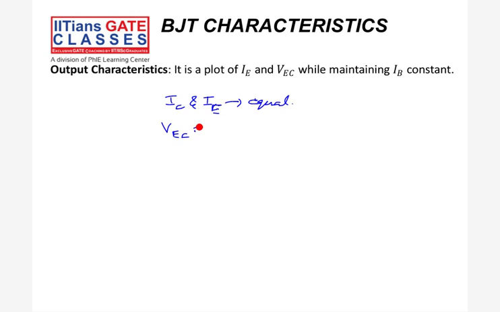So the plot of IE versus VEC will be identical. Whatever plot we made for IC versus VCE will be the same here. There is not much change.